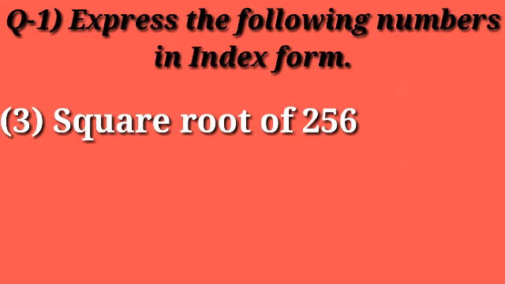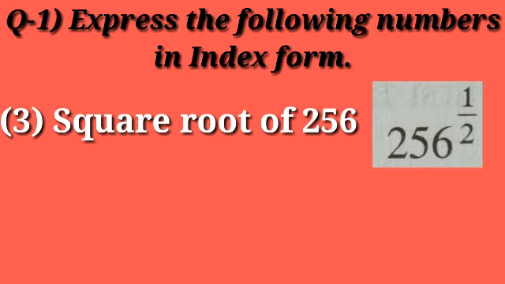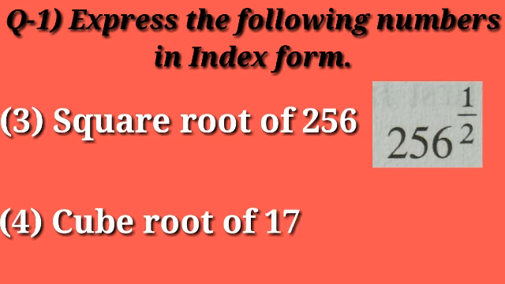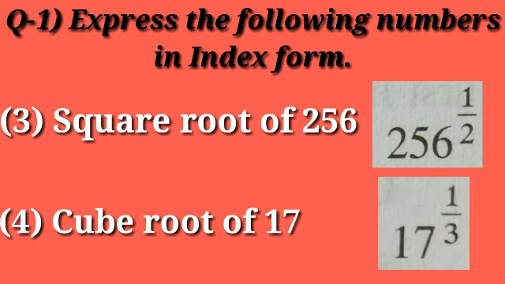So 256 is the base and the index number is 1 upon 2. Our fourth question is the cube root of 17. Again 17 is our base and cube means 3, so cube root means 1 upon 3 is the index number.